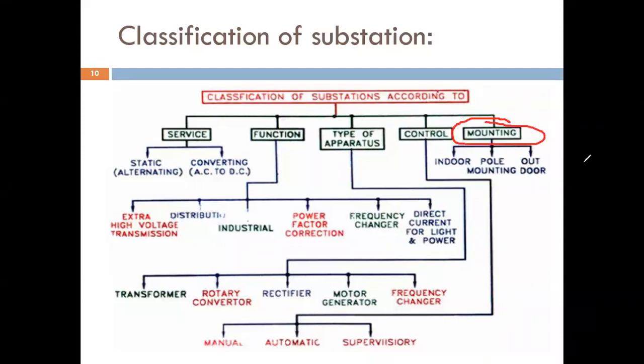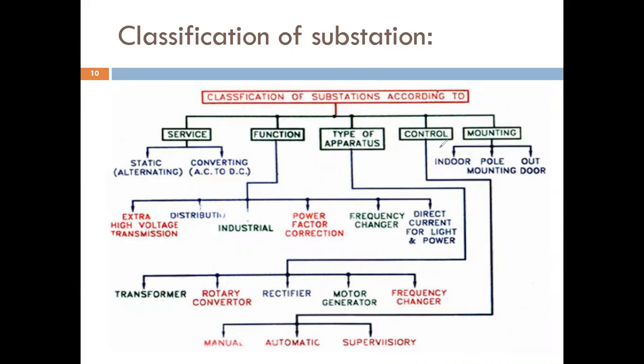And then after, according to the mounting, the first one is an indoor substation, the second one is a pole mounted substation, and the third one is an outdoor substation. Mostly the outdoor substation is placed for supply greater than 66 kV. Pole mounted substations are for 11 kV transmission, and 11 kV to 440 volt transmission uses the indoor substation.